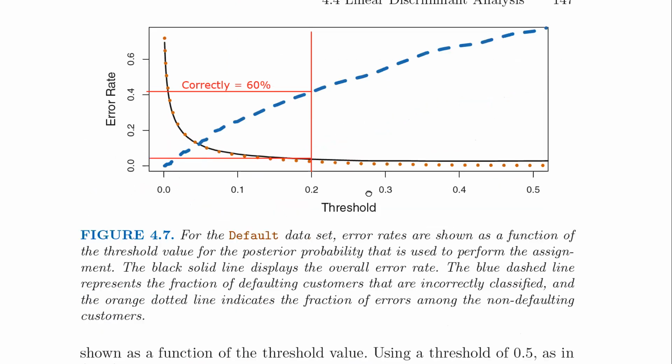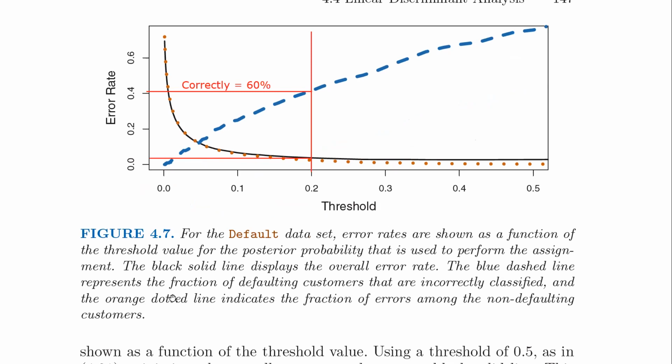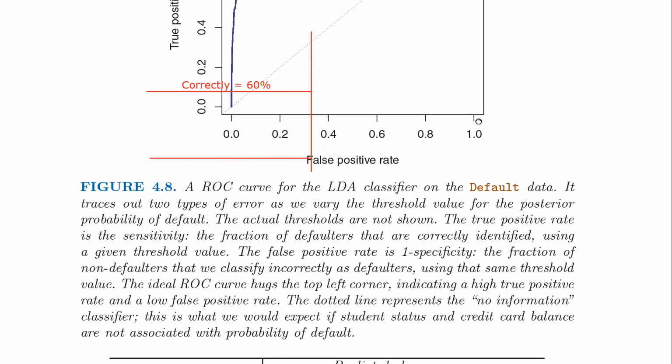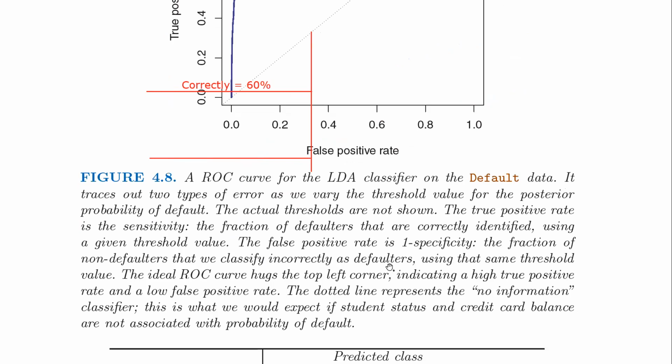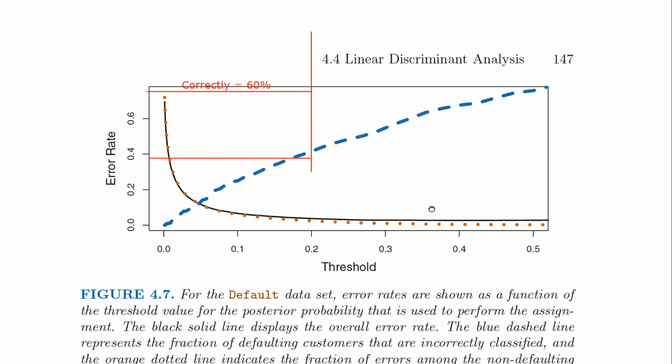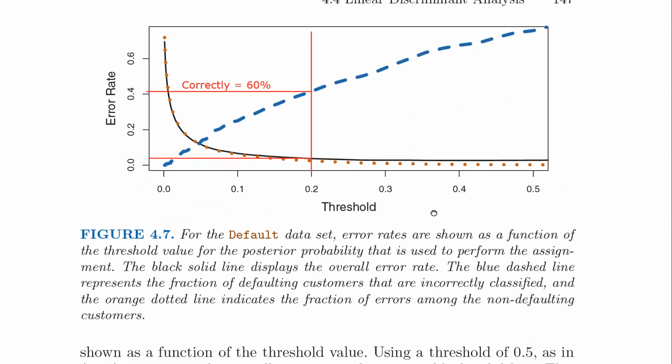So the non-defaulters are the orange. And it says that we classify incorrectly as defaulters. So what is it?